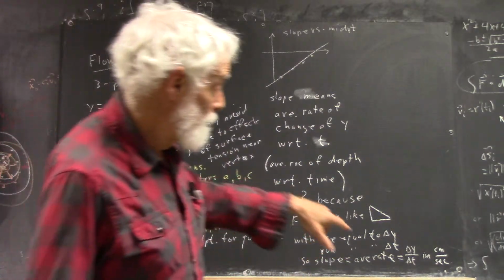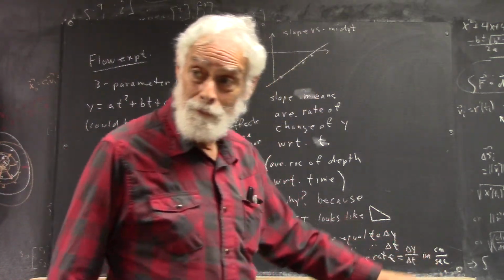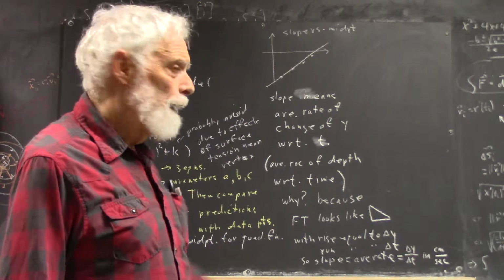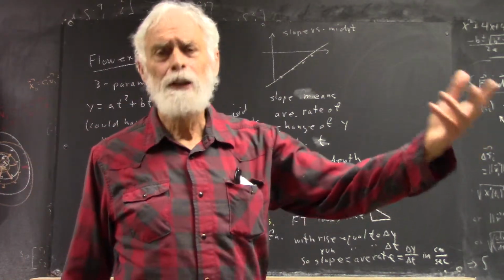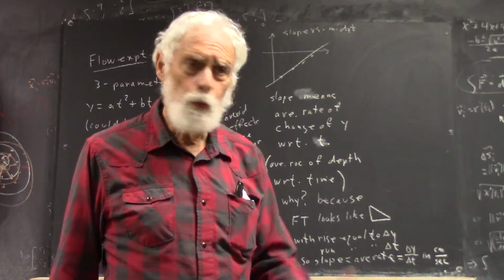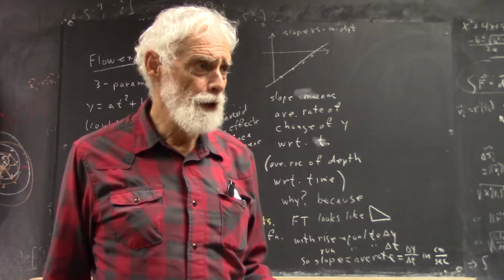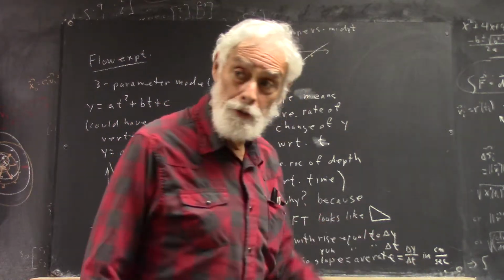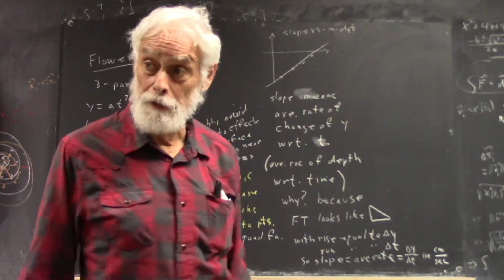So you have to understand what this means. Okay? If Y is in dollars and T is in years, then what does the rate of change mean? Still means change in Y divided by change in T, but it's a different model, right?